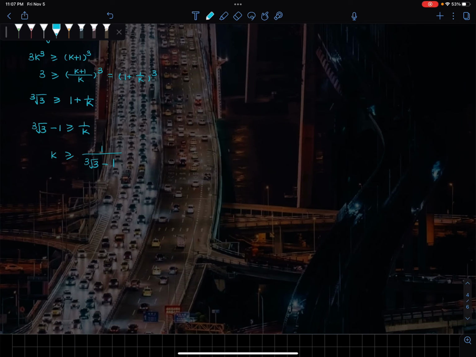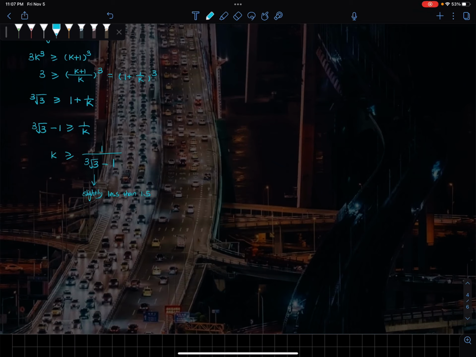Cubed is 27 over 8. 27 over 8 is around 3.4-ish. So it's slightly less than 1.5. So I know this is slightly less than 1.5.